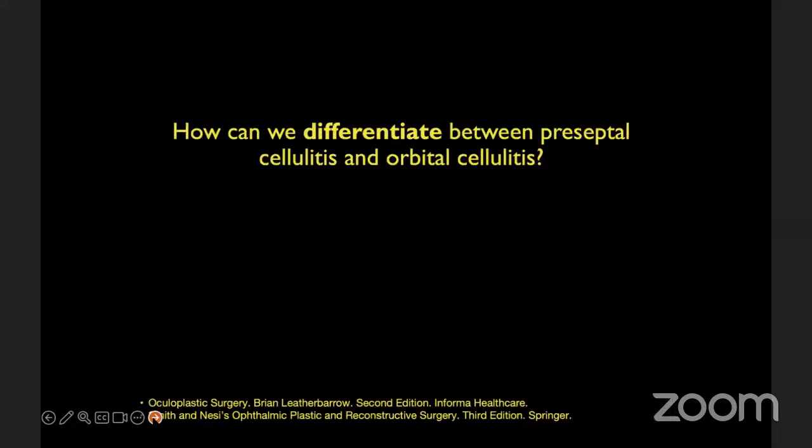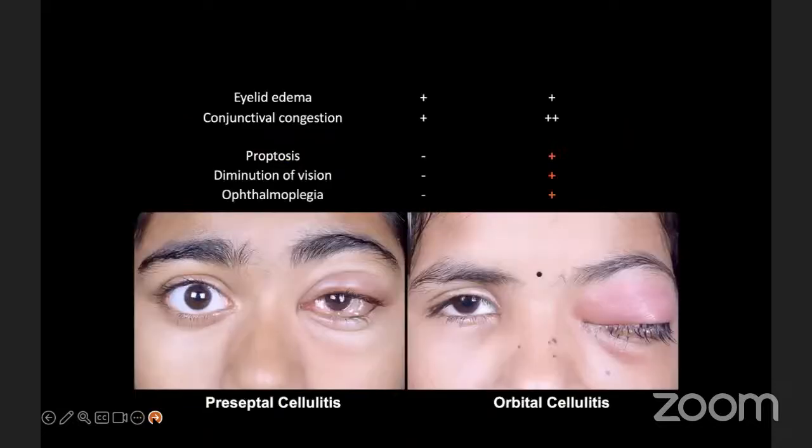Now, we spoke about how preseptal cellulitis is grade 1, and that can progress into orbital cellulitis. So let us see how we can differentiate between the two. To put it very simply, these are the 5 points that we can use to differentiate preseptal from orbital. The picture at the left bottom is preseptal cellulitis.